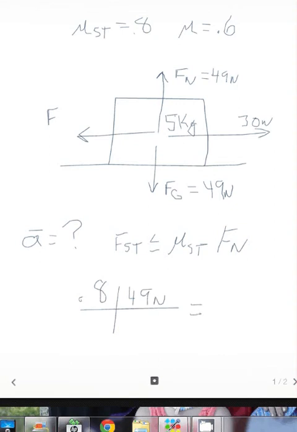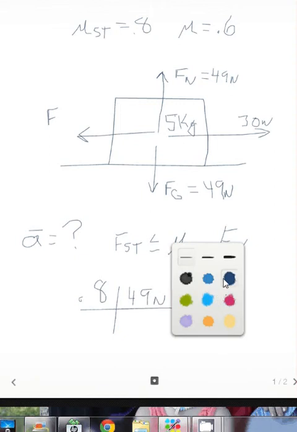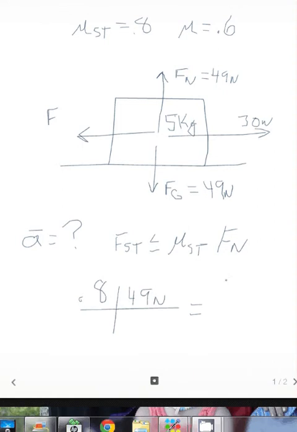Static friction is less than or equal to 39.2 newtons. So I'm going to say that static friction can get as high as 39.2 newtons. The math works out to be 39.2.